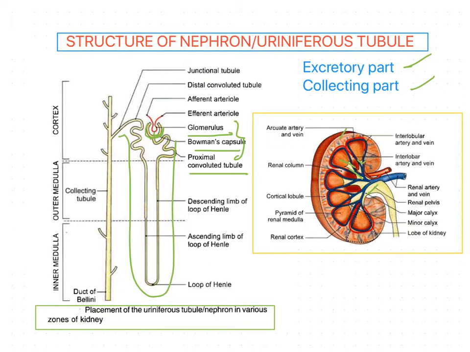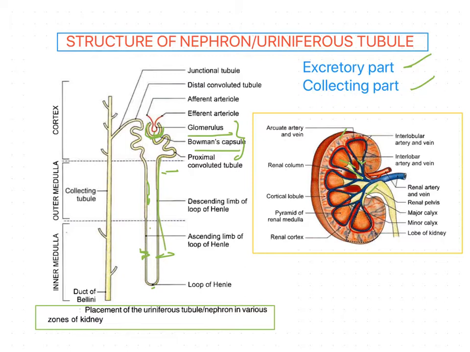The descending and ascending limbs have two variations in their structure: a thick part of the descending limb, which continues as the thinner part of the descending limb, then the pinhead and thinner part, continuing as the thinner part of the ascending limb, and after that the thicker part of the ascending limb.